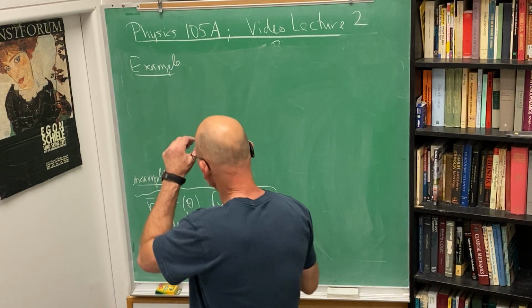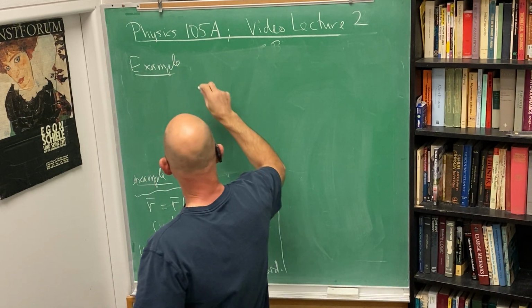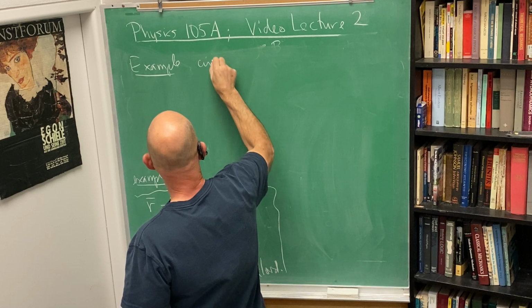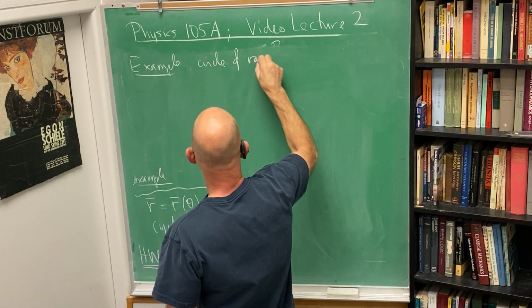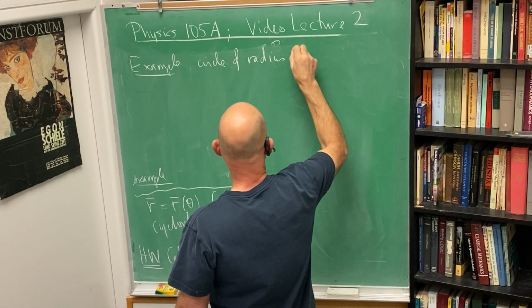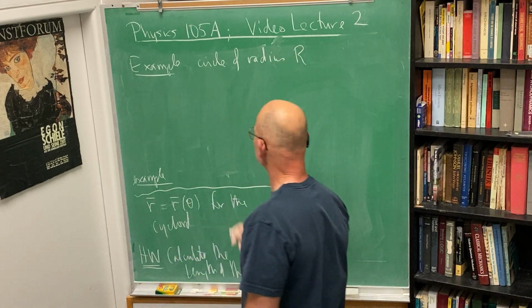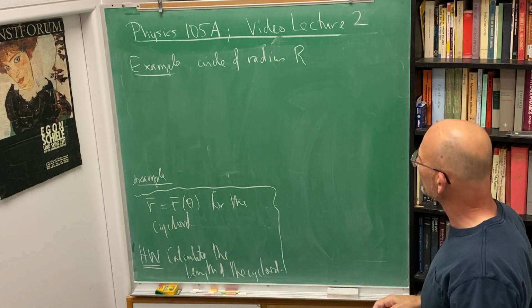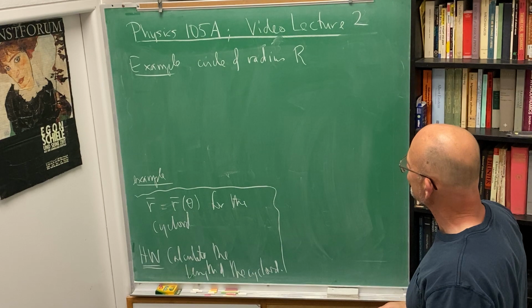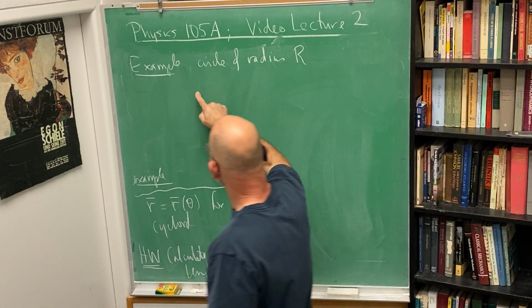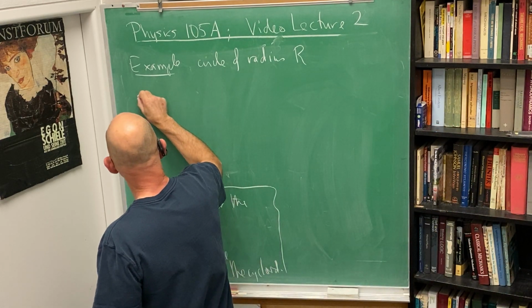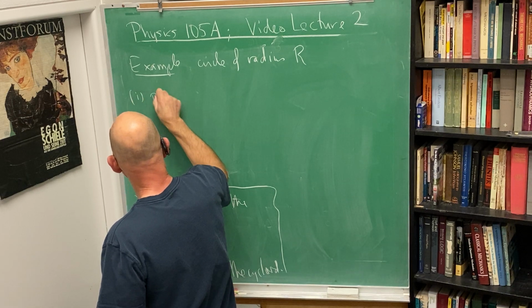My really trivial example, the circle. Circle of radius r. Here we go. We're going to have the parametrization.